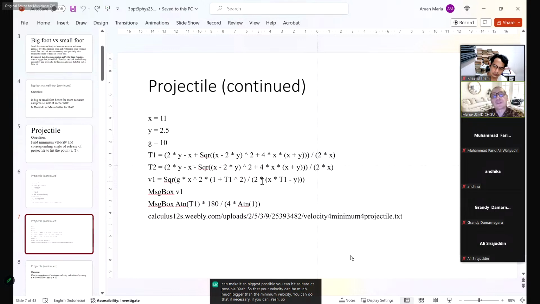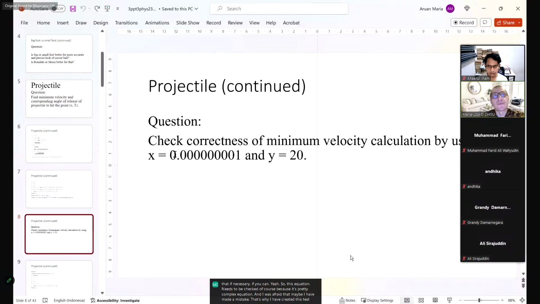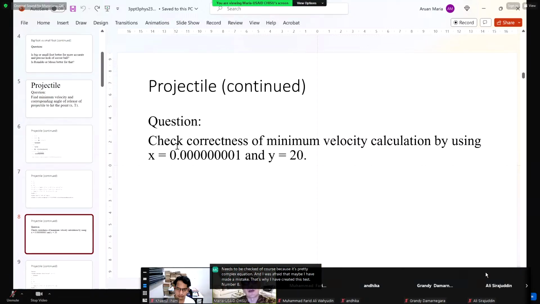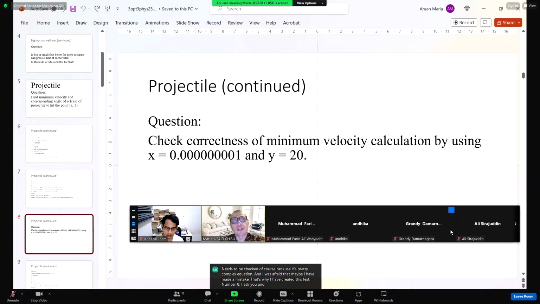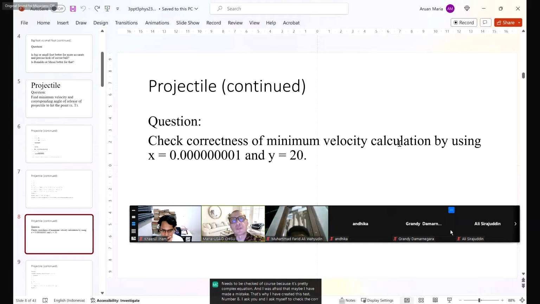So this equation needs to be checked, of course, because it's a pretty complex equation. And I was afraid that maybe I have made a mistake. That's why I have created this test number 8. I ask you and I ask myself to check the correctness of minimum velocity calculation. I ask you to calculate for height y equal to 20 meters.